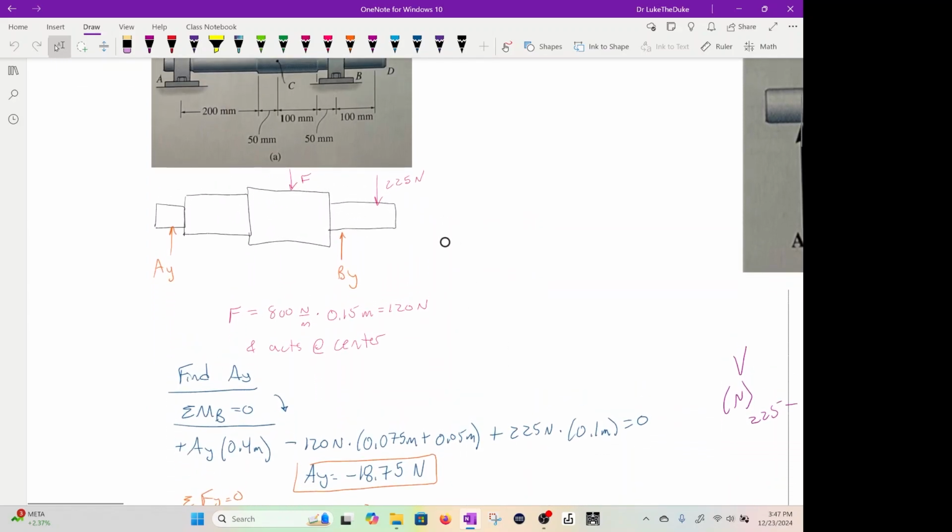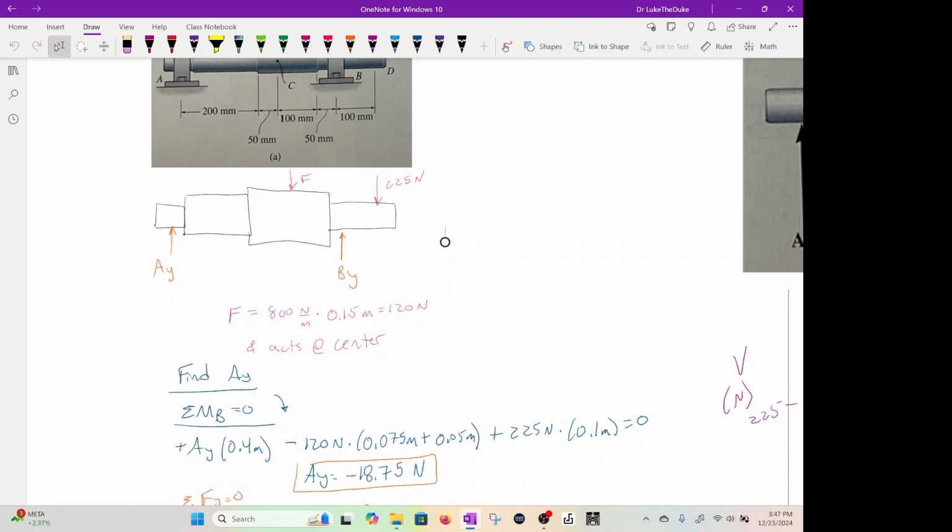Okay. Now, in order to find AY and BY, you can either take the moment at A, solve for BY, or take the moment at B and solve for AY. What I did is I took the sum of the moments at B, set them equal to 0. So you get AY times 0.4, and I'm assuming clockwise is positive direction.